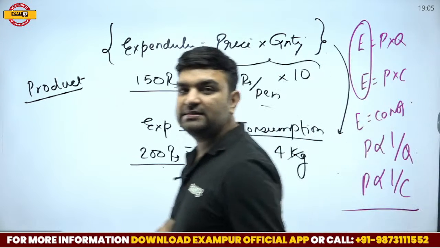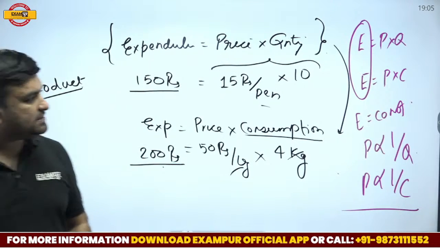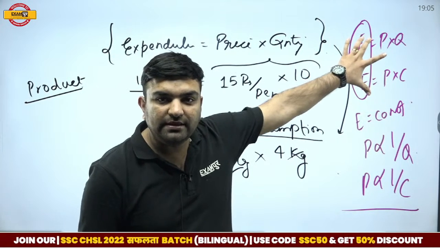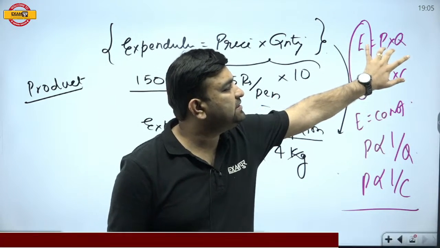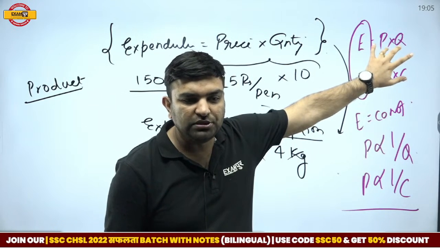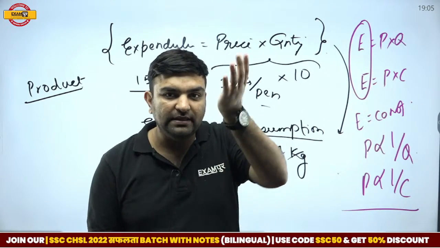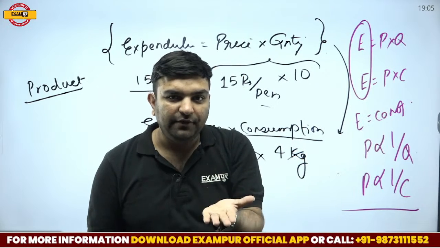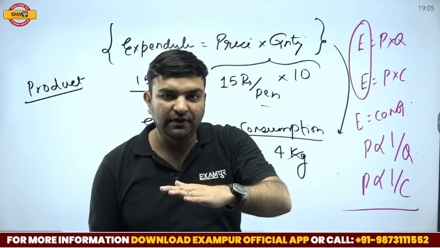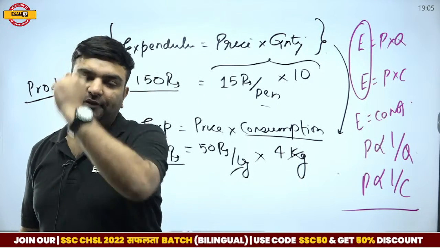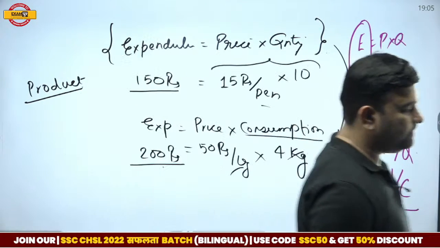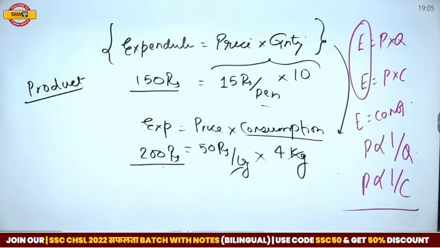Can you feel this? If expenditure is constant, then price and quantity are inversely proportional to each other. If you increase the price, the quantity will decrease. If you increase the price, the consumption will decrease. Vice versa, if you decrease the price, the quantity will increase.